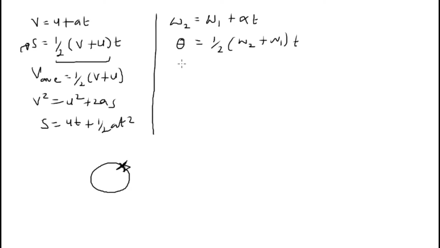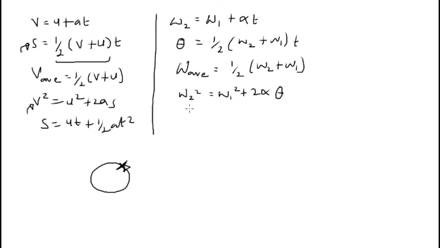And then we have the other one, omega average, that's the average angular speed or the angular frequency. That's half of omega 2 plus omega 1. For v squared equals u squared plus 2as, I'll have omega 2 squared equal to omega 1 squared plus 2 alpha theta, since s is the distance, so we'll have it as the angular displacement.